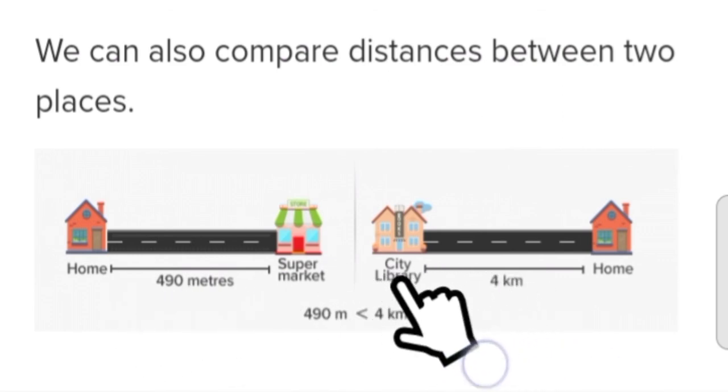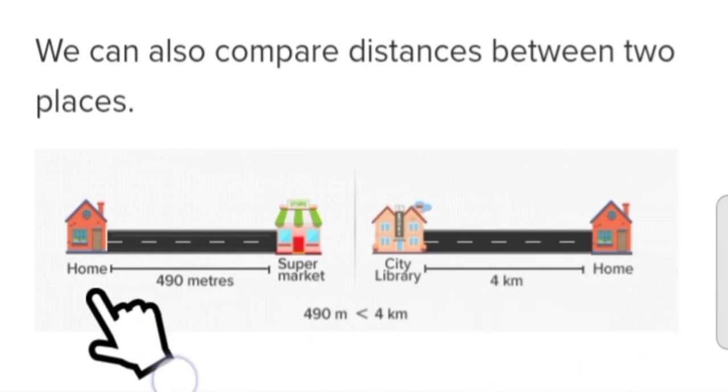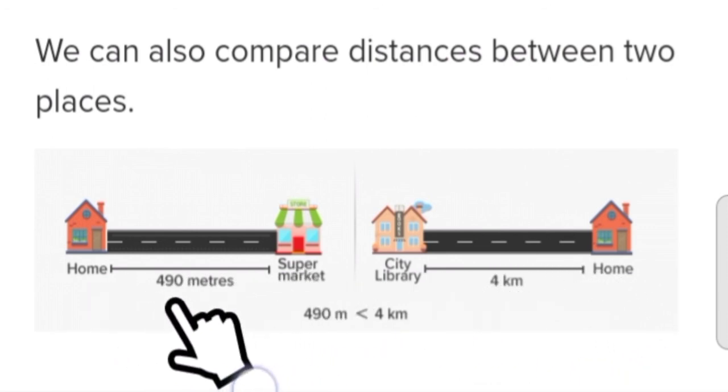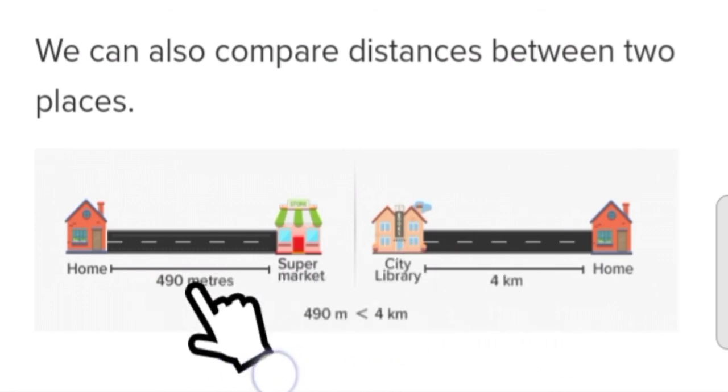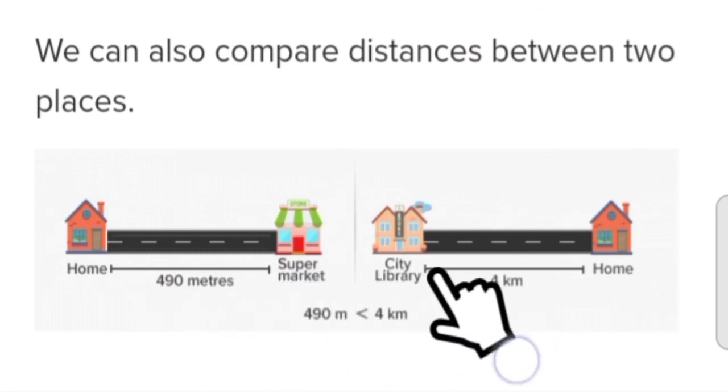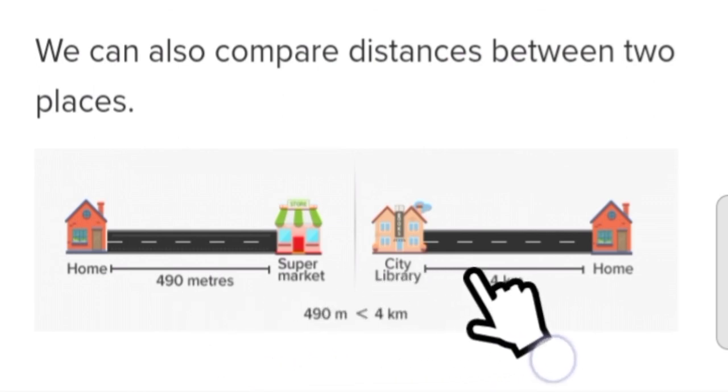City library to home is 4 kilometers, home to supermarket is 490 meters. So which is greater? We can compare the distance like this. So comparison will be used in many places in our life. At that time you must know how to compare it.